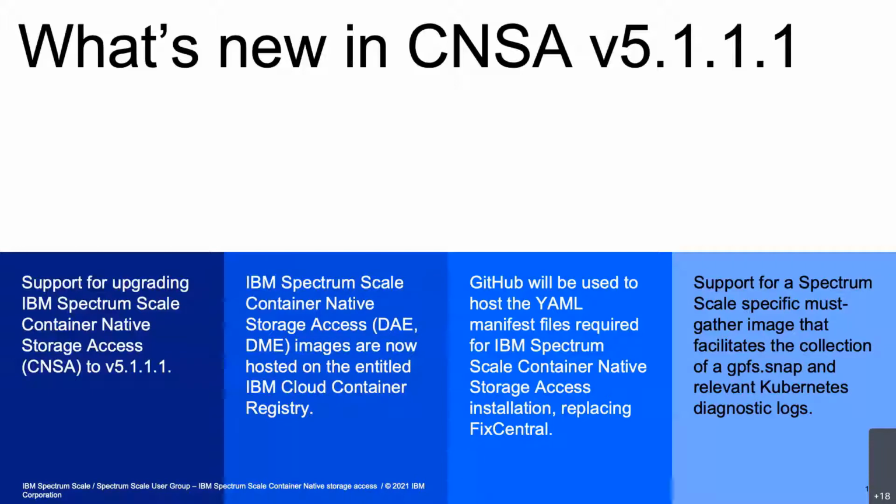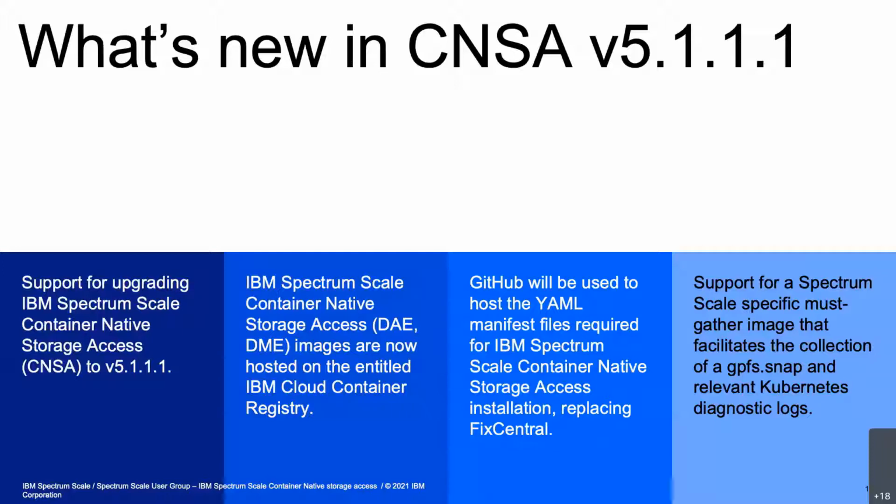We also have a new must gather image that's specific to gathering the Kubernetes diagnostic logs that we need for our Spectrum Scale cluster, and also the ability to obtain that GPFS snap from our Spectrum Scale cluster. Must gather is a technology that OpenShift has today.